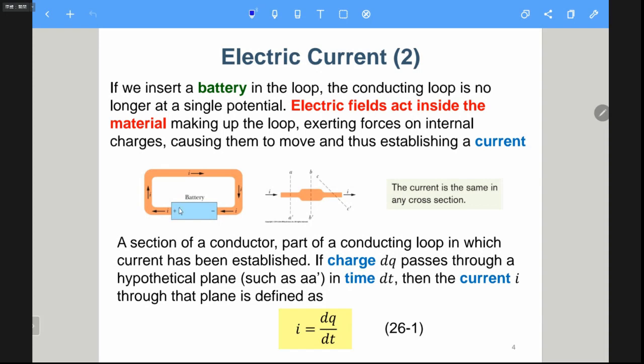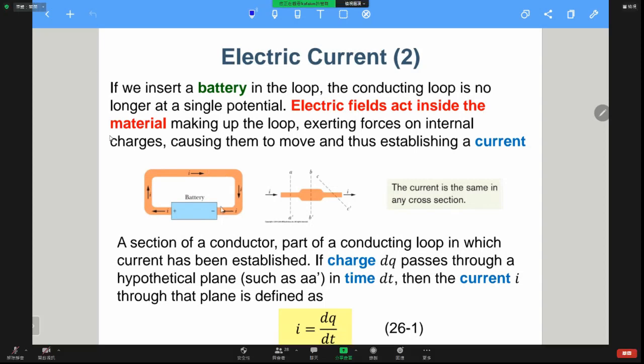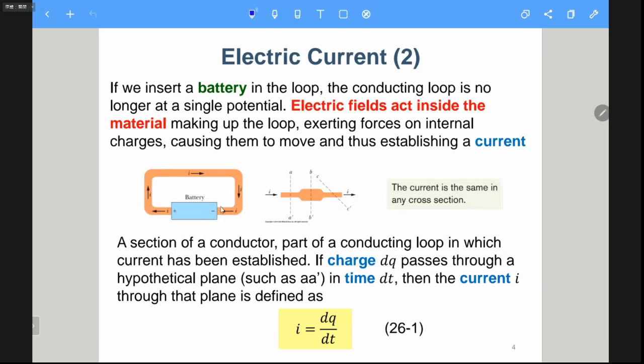As we have a battery here, the electric potential at this point will be higher than the electric potential at this point. So we expect a current going from here to here. So the current is the same in any cross section.